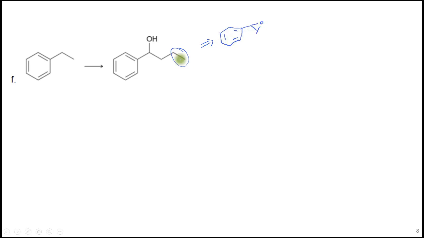That I can use to attack those 2 carbons that are there, and I have a Grignard that I could attack with the epoxide. So to get to the epoxide, I can go through the alkene, and I would just need a benzylic leaving group.